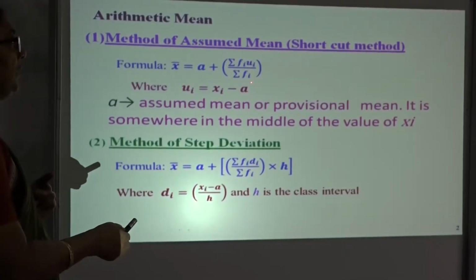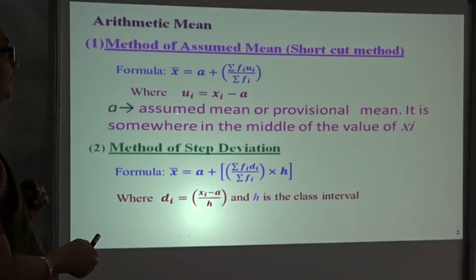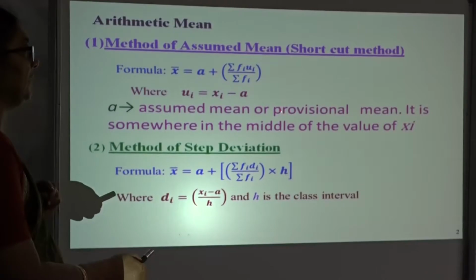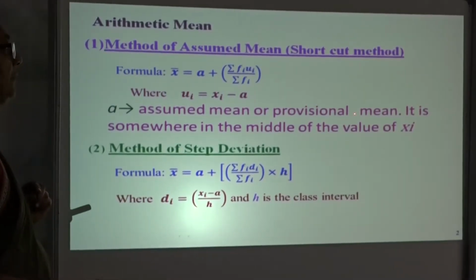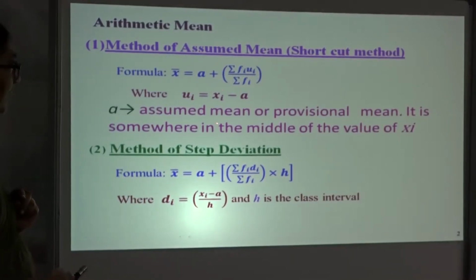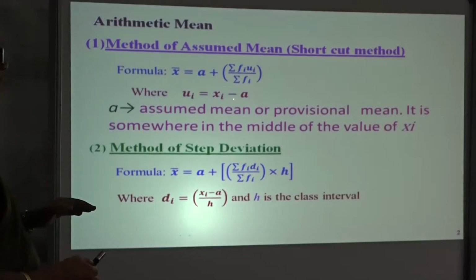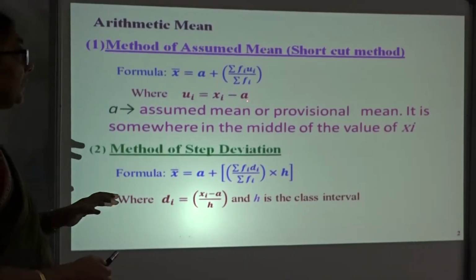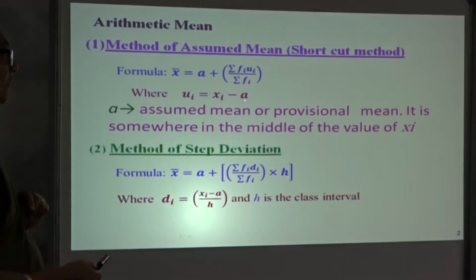This assumed mean occurs somewhere in the middle of the given set of data. In some textbooks it is also called the provisional mean. It is somewhere in the middle of the values of xi, but generally we take the value of xi corresponding to the maximum frequency in the given set of data.